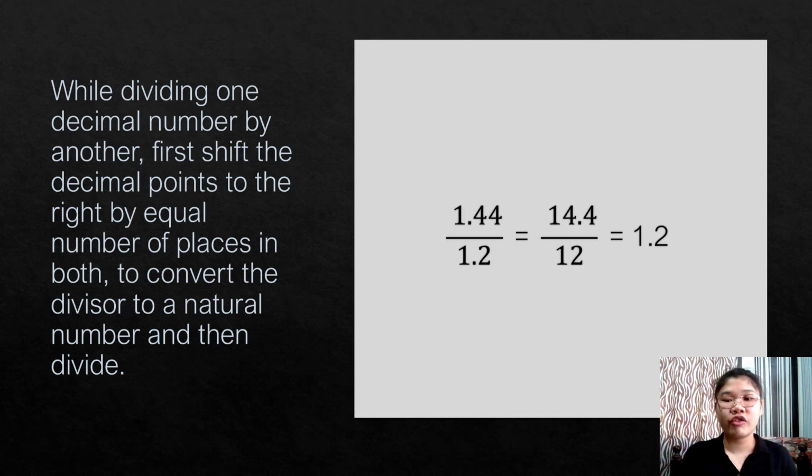So our given 14.4 divided by 12 is equal to 1.2. Or you may also first think of 144 divided by 12. So divide them naturally as if you're dividing whole numbers, and then the answer is 12. But then we have here the decimal: 144 is actually 14.4, that is, it possesses one decimal place. So our final answer, which is supposedly 12, will become 1.2.